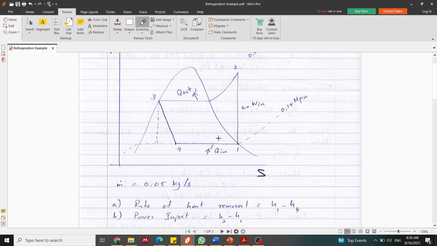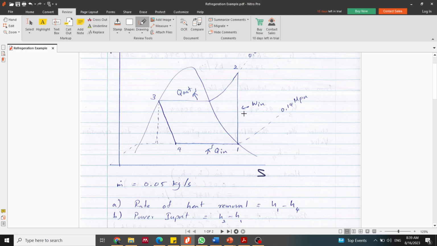That means the working fluid absorbs it. So effectively, the people inside the room will feel the coolness. So the rate of heat removal is therefore H1 minus H4, right? Then this is where the power input is.